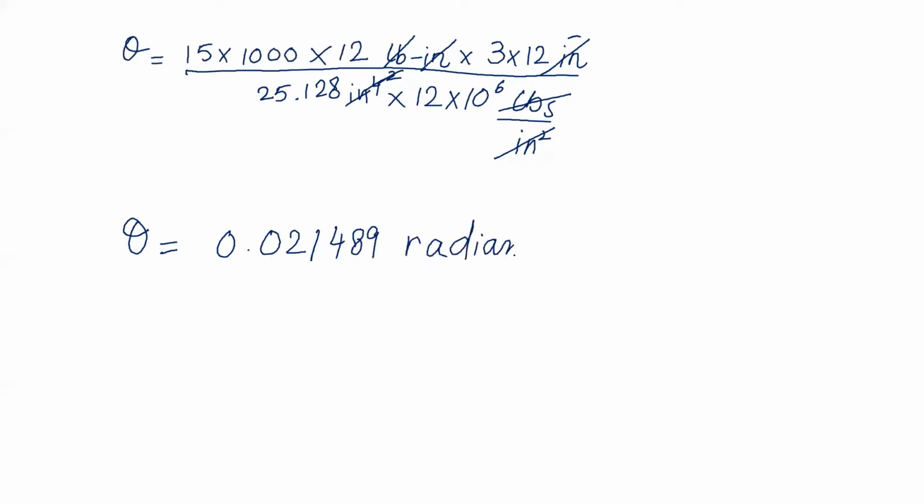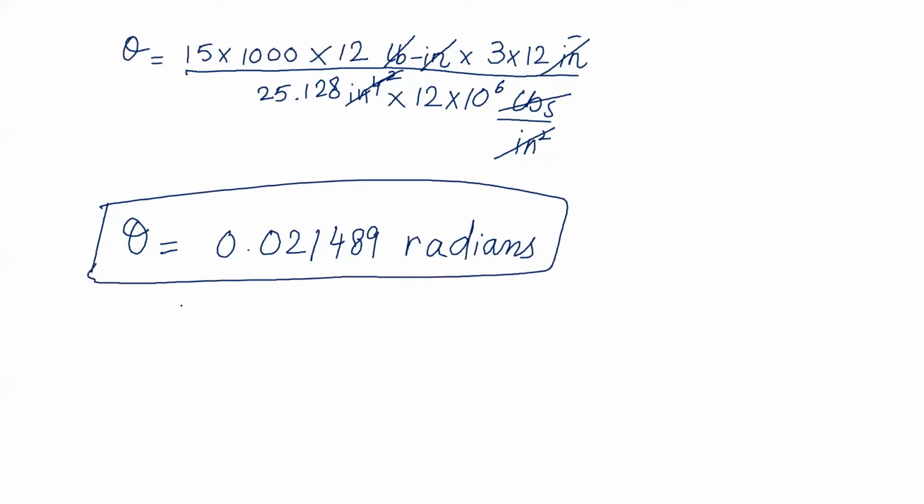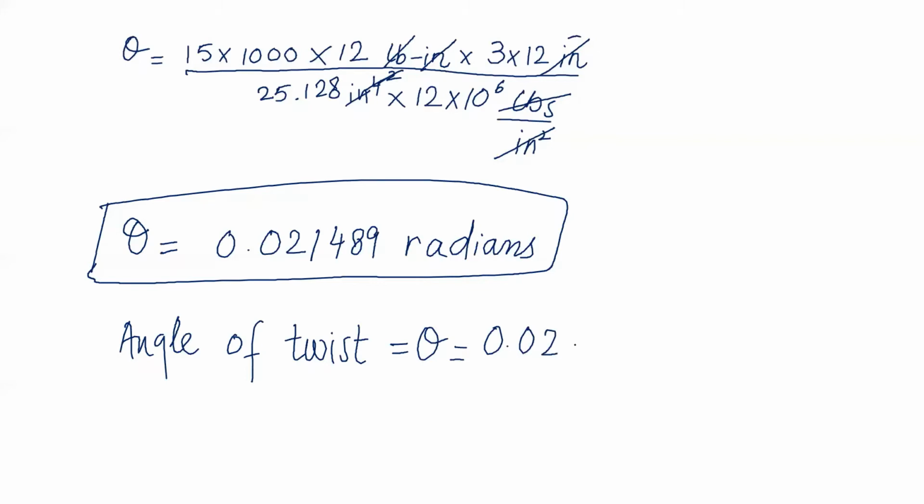If the question asks you to find the angle of twist in degrees, then theta equals 0.021489, and you have to convert it into degrees.